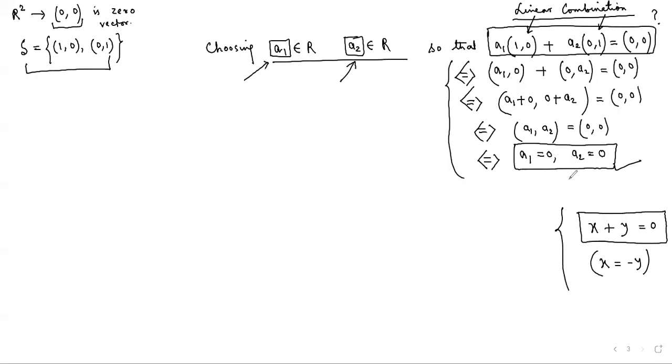If this is the case, it implies that the vectors 1, 0 and 0, 1 are linearly independent vectors.